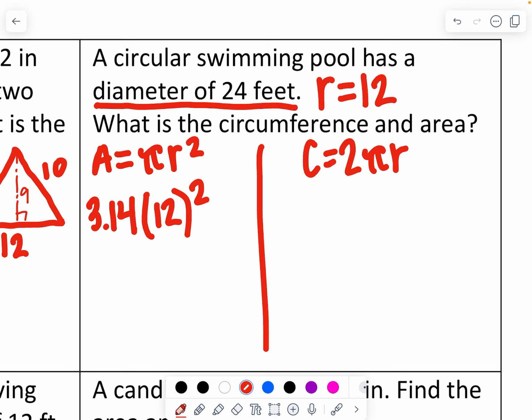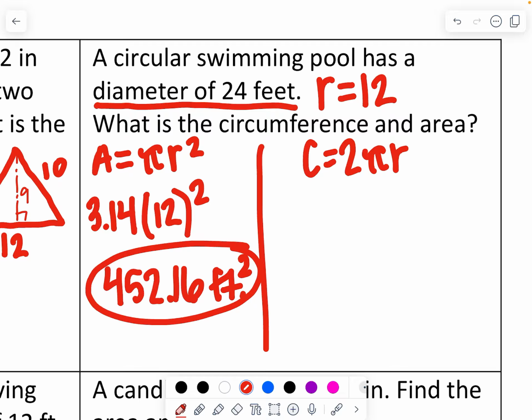So if you did the whole thing as 3.14 times 12 squared, that works. And we're going to round to the hundredths place, and so we would get 452.16 feet squared. And that's our answer. So that would be the area of the circle.